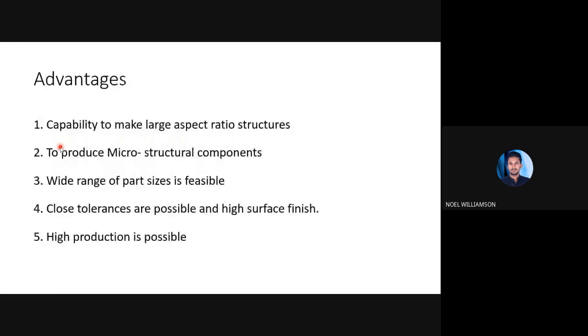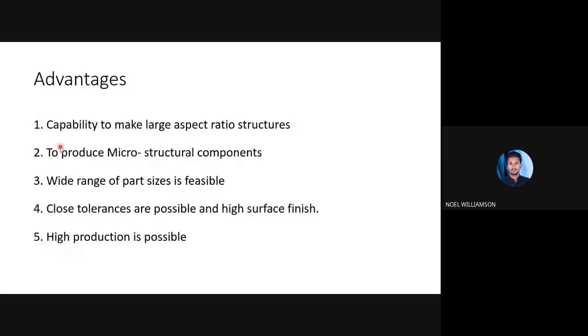Now coming to the advantages. So these are the main advantages. First one, capability to make large aspect ratio structures. So large aspect ratio structures can be made using the LIGA process. Then to produce microstructural components, mainly it is for microstructural components we are using this.